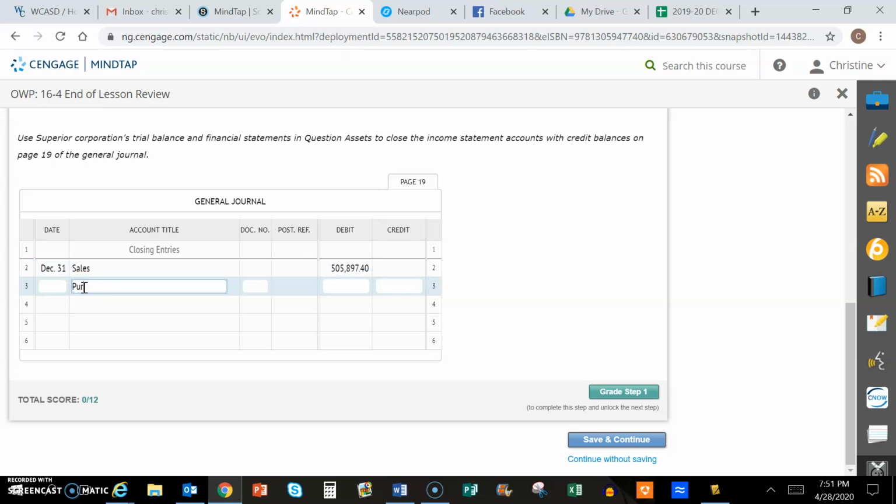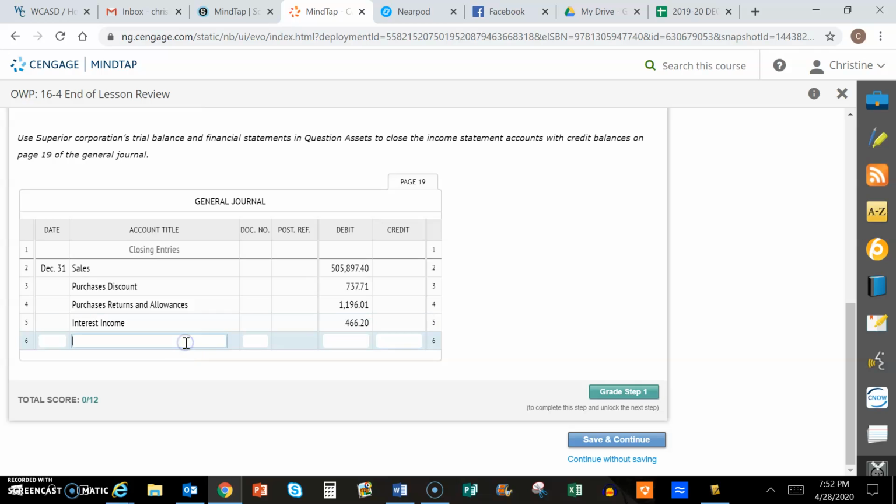And then purchase discount, that was 737.71. Purchase returns and allowances was 1196.01, and then our interest income was 466.20. We're going to add those all up, and we're going to close them into income summary.